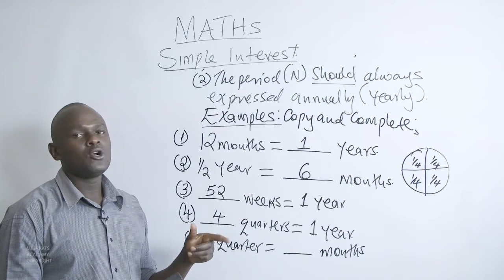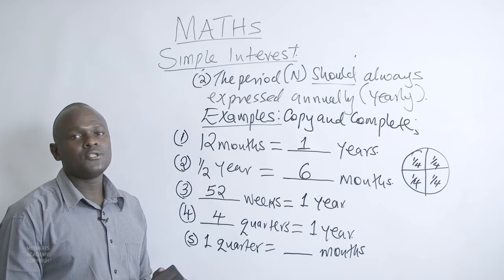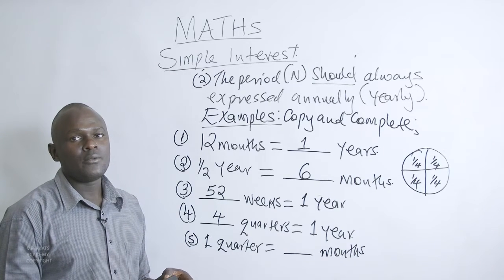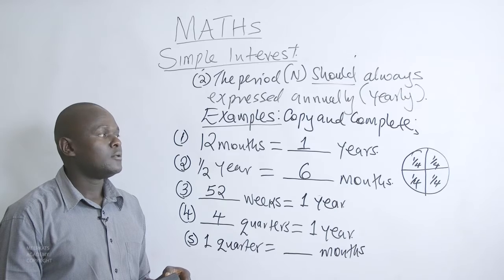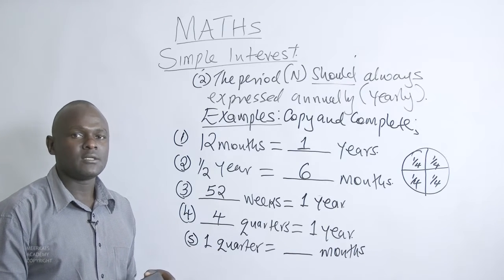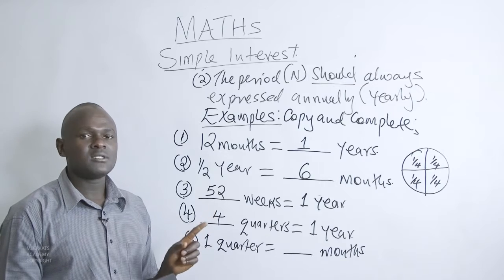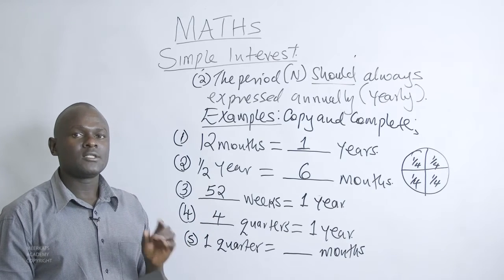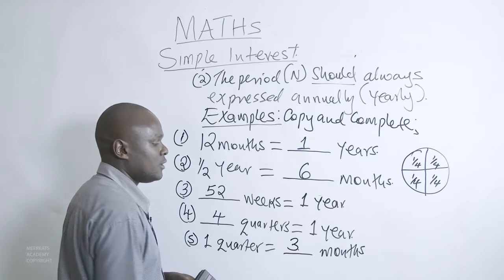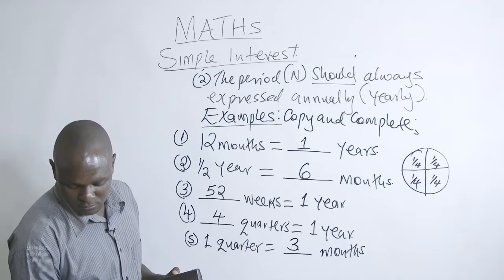And if we divide those 12 months into 4 quarters, then you'll discover that a quarter of a year will be made up of 3 months, such that when you multiply 3 months by 4, then you will get 12 months in a year. So a quarter of a year will give us 3 months.